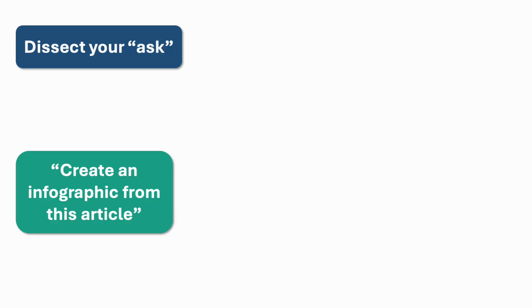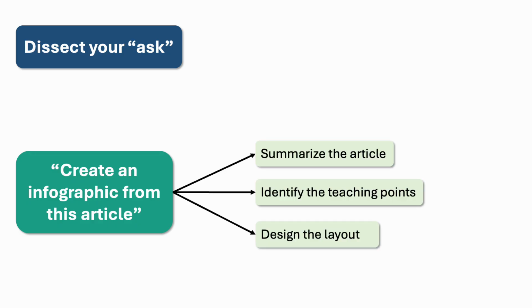So my takeaway from this experience was that, beyond reviewing your AI outputs, you should really dissect what your ask is each time you interact with AI. What looks like a single task, such as creating an infographic from an article, is often hiding several subtasks underneath.